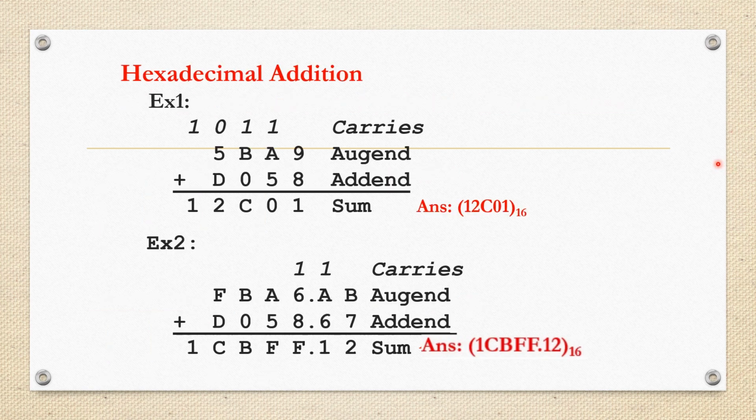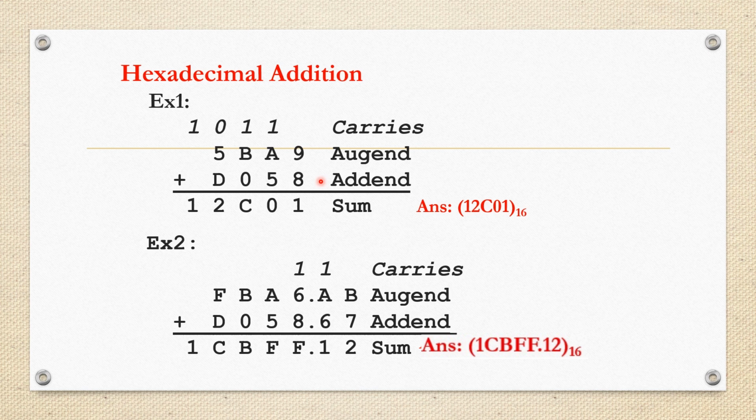Now we are going to see hexadecimal number addition. So this is the first number, which is called the augend. It is 5BA9, and D058 is the addend, and we have to add them. So we'll do it like this. 9 plus 8 is 17, right?